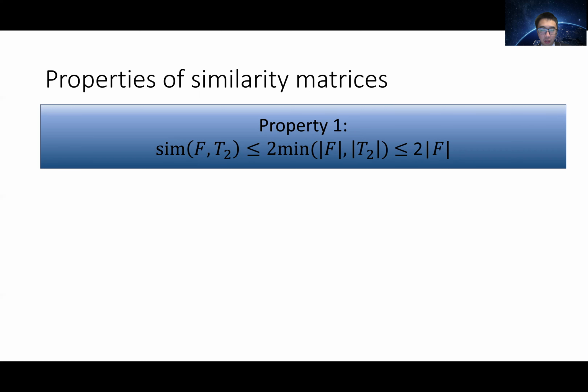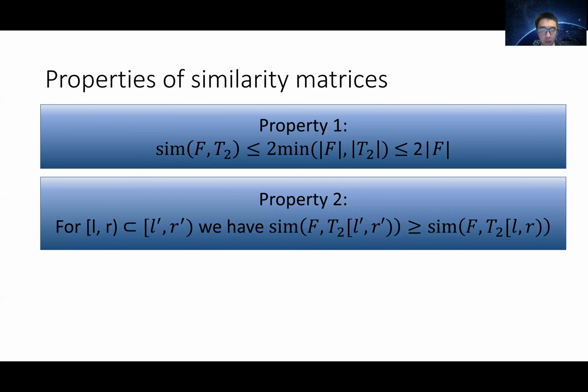This is because similarity is basically the weight of a matching, and the total number of matched pairs is obviously no more than the minimum of the sizes of the two input trees. And this is obviously no greater than 2 times the size of F.